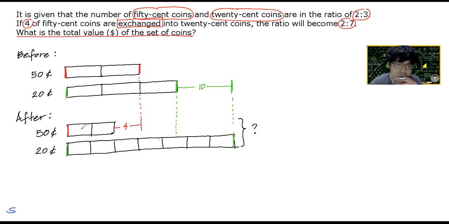Now, let's represent x as each block for after. What will happen here? We may be able to change the bars. Since the red one represents the 50-cent coins, this will become 2x plus 4. Why is it 2x plus 4? Again, this is 2x. Putting together with 4, it will become 2x plus 4.